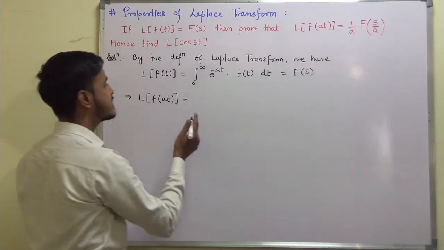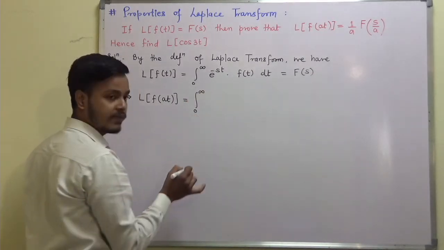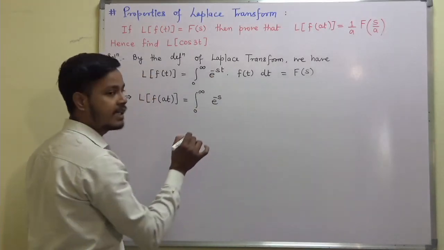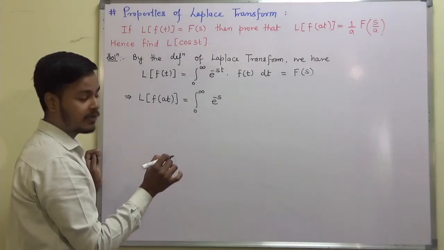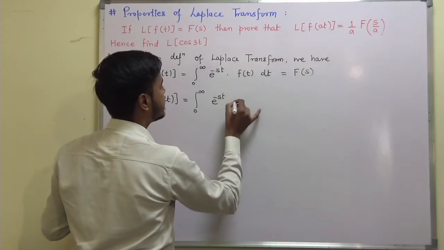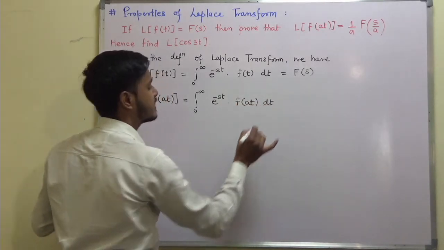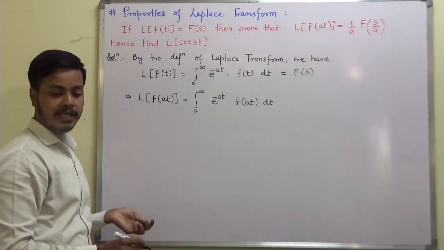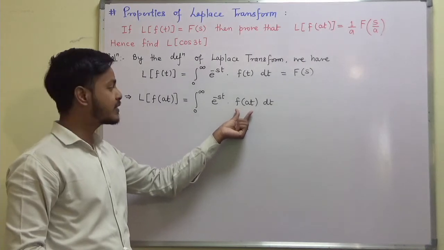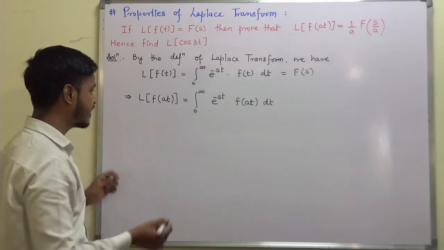So Laplace transform of f of a t is integration 0 to infinity e to the power minus st, where only f of t is replaced by f of a t, dt. Simple. Now we can't solve this integration of such functions directly, so we have to make use of substitution.